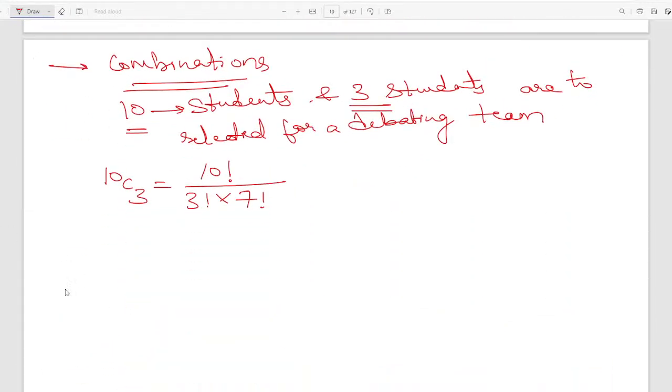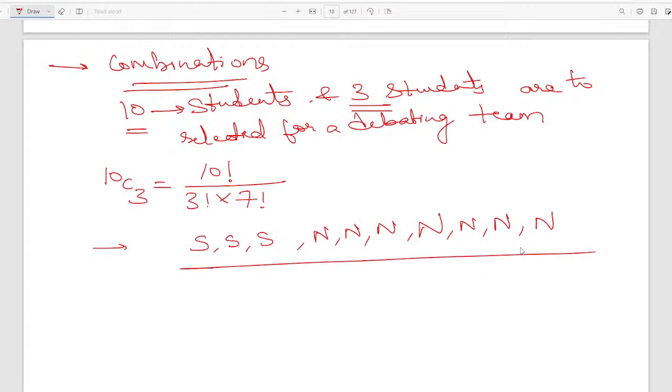The other, more intuitive or more natural way is to say, out of these 10 people, 3 people have to be selected. So if there are 10 people, 3 would be selected and 7 would not be selected. So this is nothing but you have to calculate the anagram of this thing.